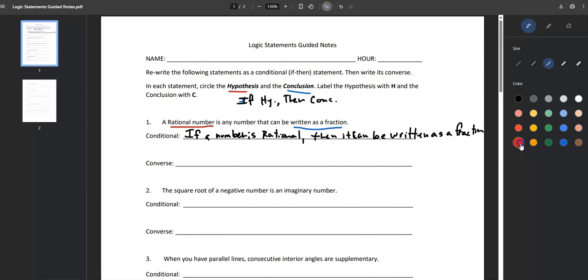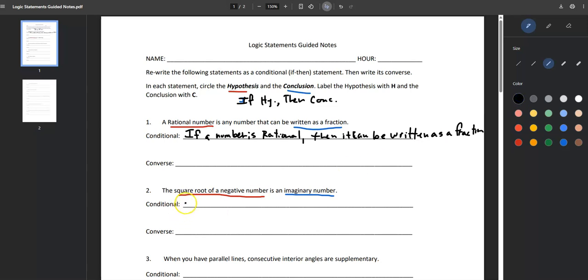Okay? So if I look at this next sentence, I've got the square root of a negative number is an imaginary number. So my hypothesis would be taking the square root of a negative number, and my conclusion would be that it's an imaginary number. Okay?